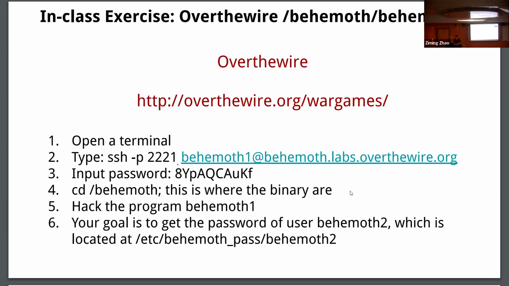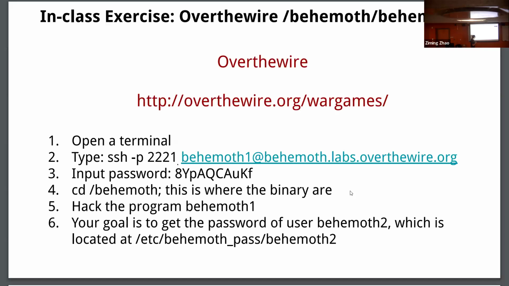So we're playing a particular game called Behemoth, and we're playing Behemoth 1, level 1. I already gave you the password for Behemoth 1 here. If you play this game by yourself, you will start with Behemoth 0, then get the Behemoth 1 password, then try to get Behemoth 2's password.